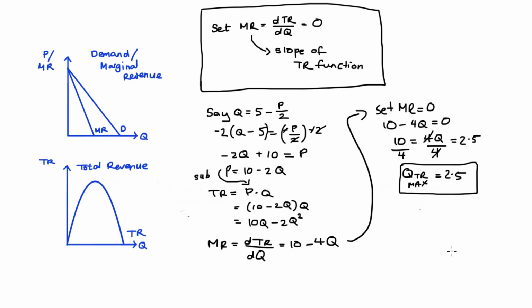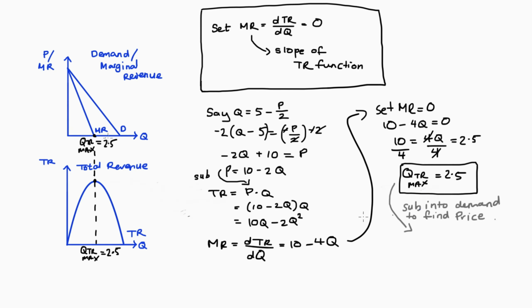On our diagram, it looks like this. We found that the quantity that corresponds to this highest point, and that point where our marginal revenue function is equal to 0, is 2.5. To find the price associated with this quantity, we're just going to substitute this value back into our demand curve.